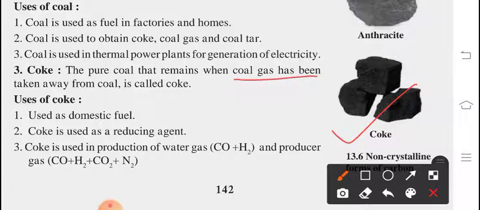And uses of coke: it is used as domestic fuel. Coke is used as a reducing agent. Coke is used in production of water gas, which is CO plus H2, and producer gas. You can observe here, this is water gas and producer gas.